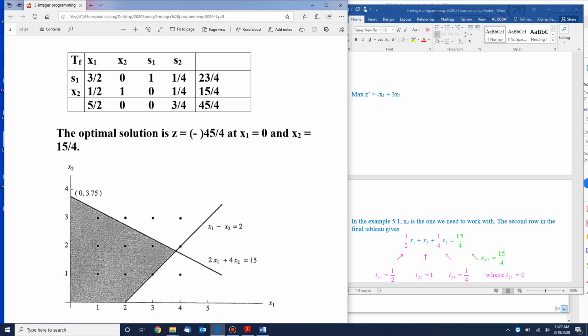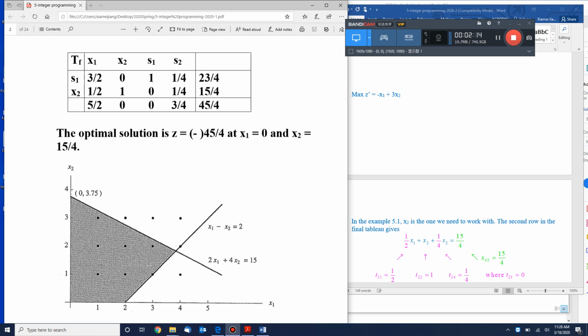So until now, we haven't discussed that variables should be integers, right? Here, you just know that x1 is 0, that's an integer, but x2 equals 15/4, which is not an integer.